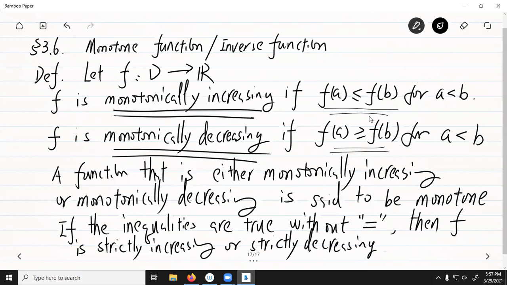This is another definition for strictly increasing and strictly decreasing.